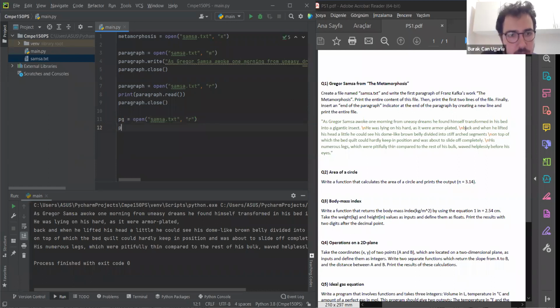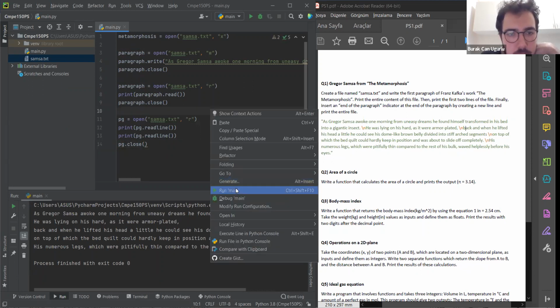And the readline: this will read the first line, and this will read the second line, and this will close our file after the first lines are read.